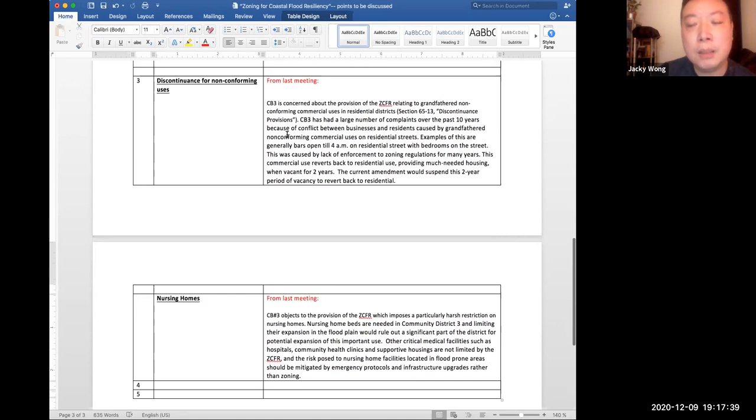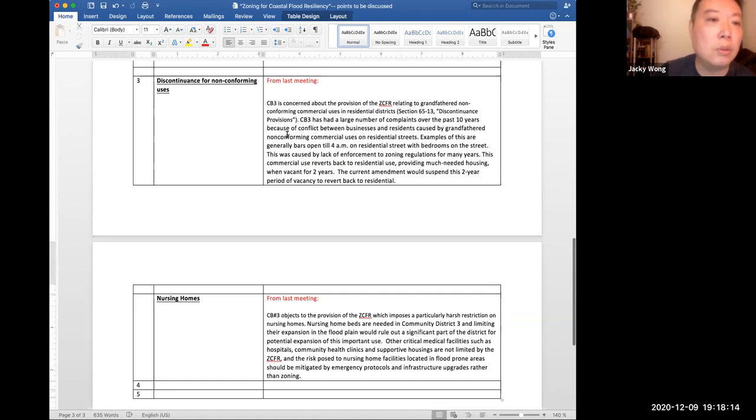If the business is vacated for 2 years, the law requires it to be reverted back to residential. However, under this new proposal, if a place is declared a disaster area, that clock actually stops for 2 years. So the maximum you would get is 4 years, and the minimum is 2 years.